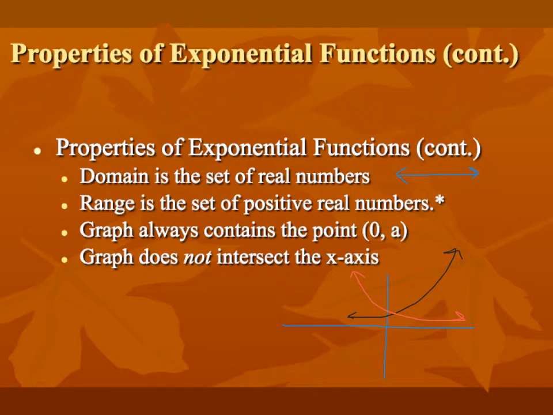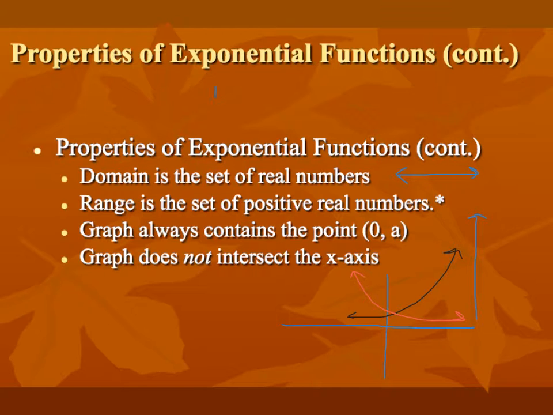Range is always about how high and low the graph goes. Well, you'll notice, though, that these exponential functions, whether they're growth or decay, only increase above 0. They never actually get to 0. And therefore, their range is all real numbers greater than 0, or you could say all positive real numbers.